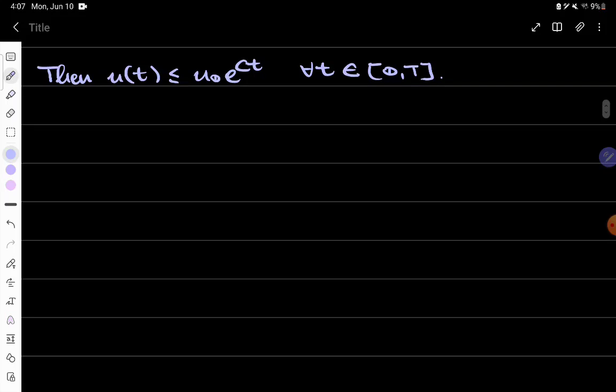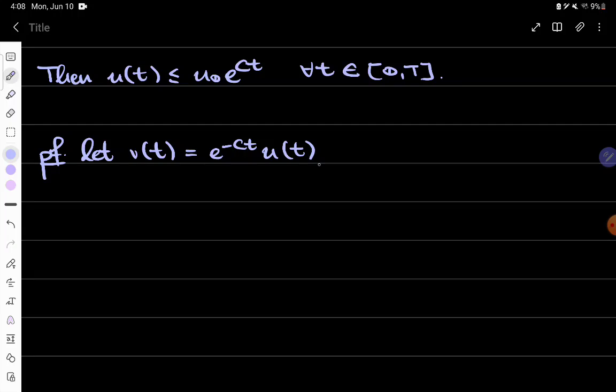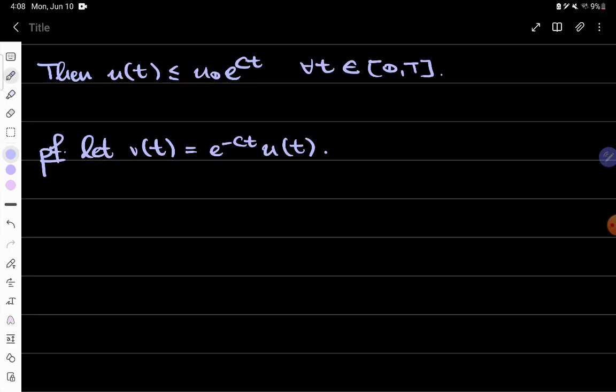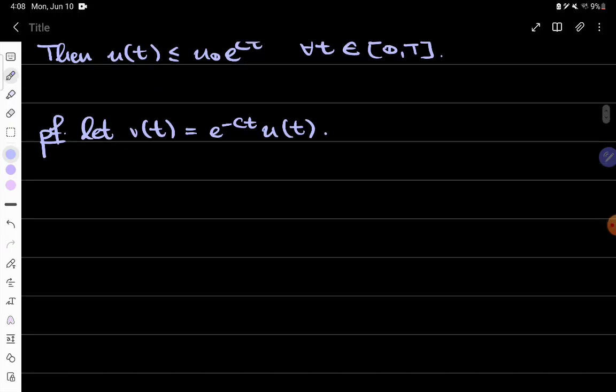So let's prove this. We're going to let v of t denote e to the negative ct times u of t. And we want to bound the first derivative.